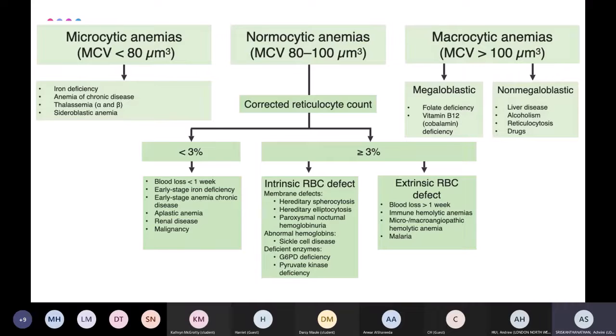If there's any defects to your red blood cells too, and any sort of extrinsic causes which are affecting the blood too. And your macrocytic anemia, the common ones that you want to keep in mind are your folate and your B12 deficiencies, and your liver disease and alcohol link in with that.